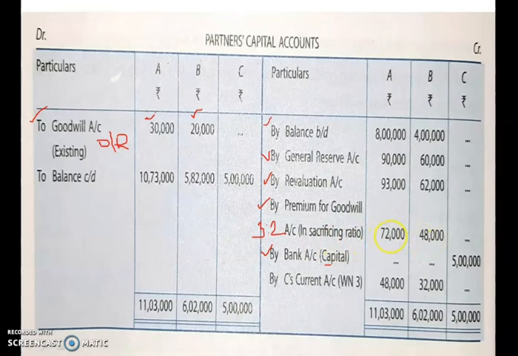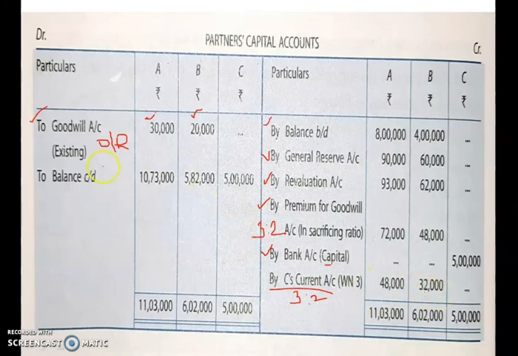So 1,20,000 we distributed to A and B in this ratio. And the amount which he has not brought in cash, for that we have debited C's current account. We have shown the working note for that, and this also we have distributed in the sacrificing ratio, that is 3:2. So we got 48,000 and 32,000.